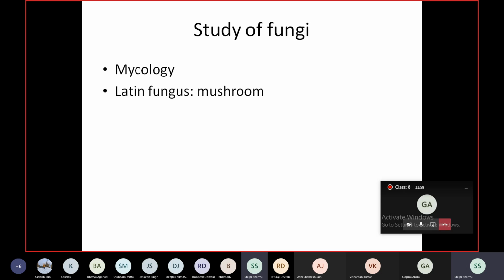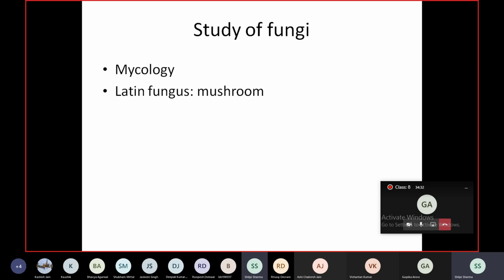The study of fungi is called mycology, and the scientists studying fungus are called... Achha, fungus and fungi, people also say fungal, I've heard that, so I say fungus and fungi. Anyway, the word actually means mushrooms, but it was later used as an umbrella term for eukaryotic organisms which are non-photosynthetic.